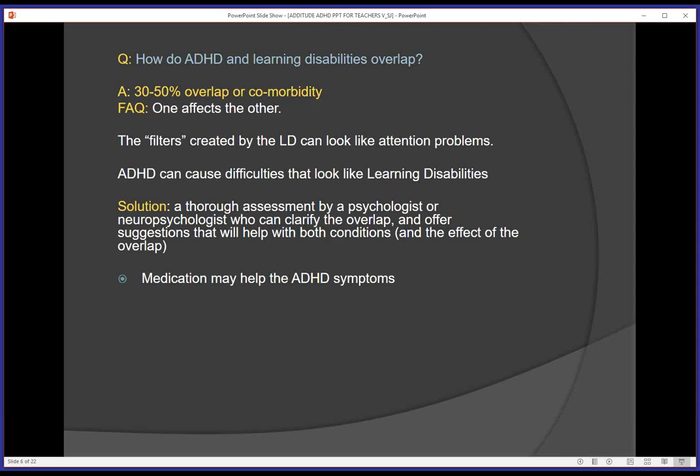Medication, as we know, may help some kids with ADHD symptoms. There's usually a very high statistic given to the fact that medication can be helpful when a condition is appropriately diagnosed, and when the medication is appropriately dosed.